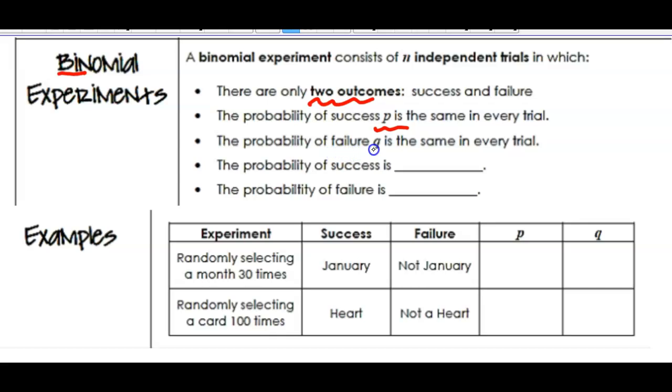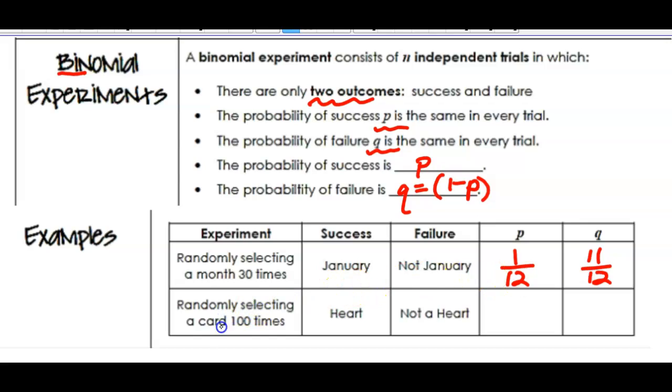And the probability of failing, Q, is also the same on every trial, which Q would simply be 1 minus P. So the probability of success is P, the probability of failure is called Q, and Q is equal to 1 minus P, the complement.